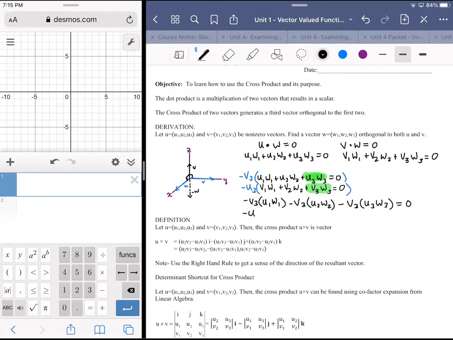And we have negative U3 V1 W1 minus U3 V2 W2 minus U3 V3 W3 equals 0.